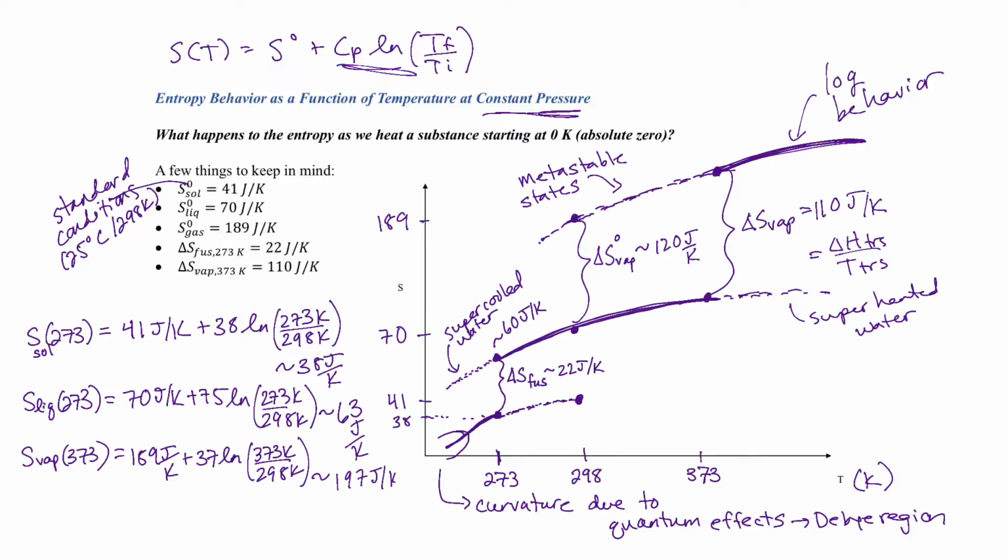This point right here, remember that is from our third law, where the entropy of a pure substance at 0 Kelvin is 0. This is our quantum mechanical little curvature, which is a topic for next semester. But everything after that just follows that logarithmic curve.